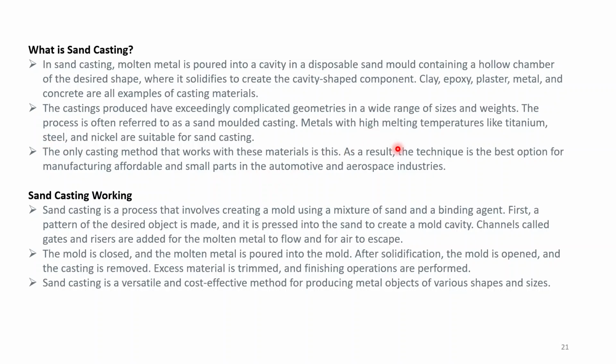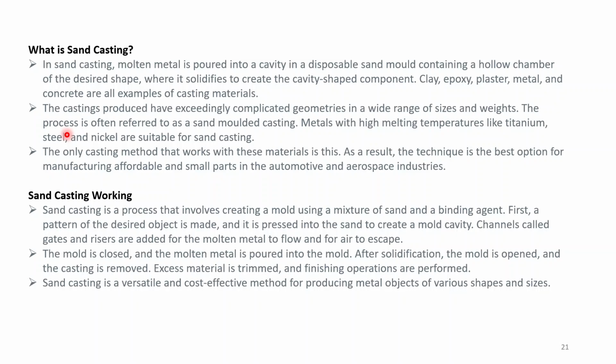Metals with high melting temperatures, such as titanium, steel and nickel, are suitable for sand casting. Sand has refractoriness, so it can sustain very high temperatures close to the melting temperatures of these metals.